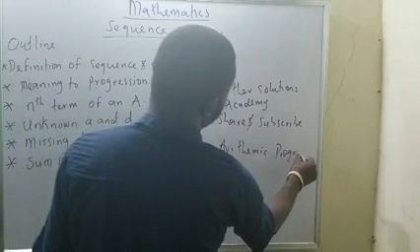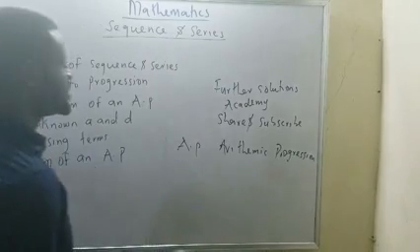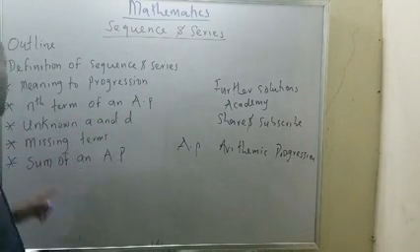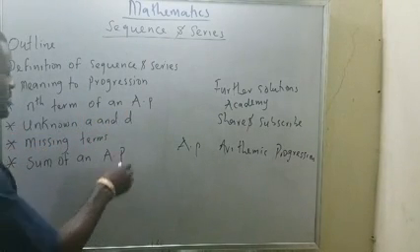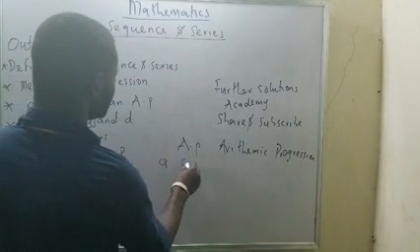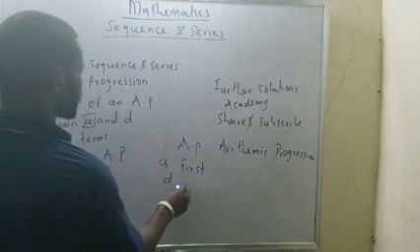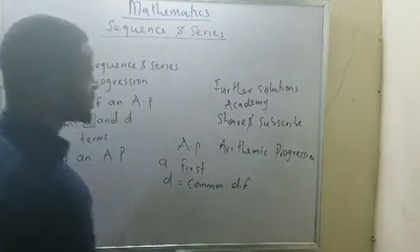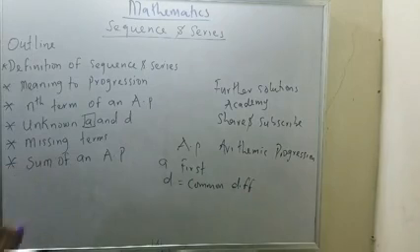Any term of an arithmetic progression, with unknowns A and D, where A is the first term and D is our common difference. And then the missing item, and the sum of an AP. That is what we have for you in this video.